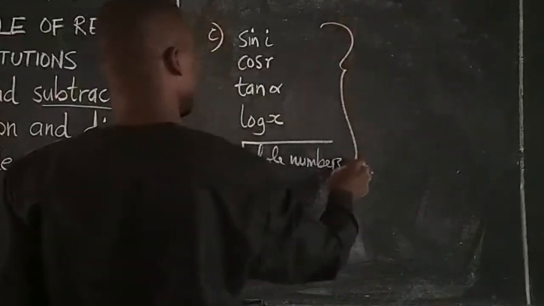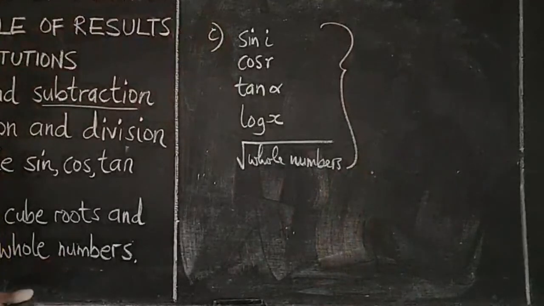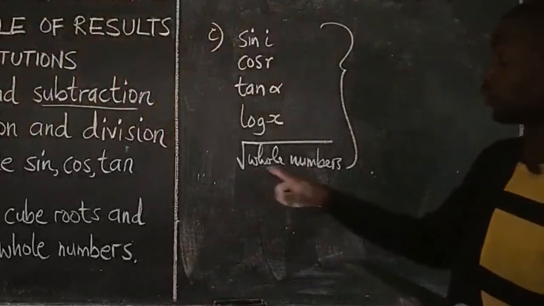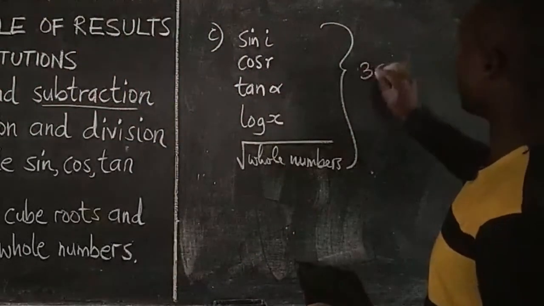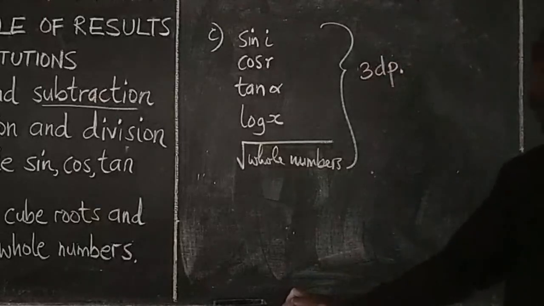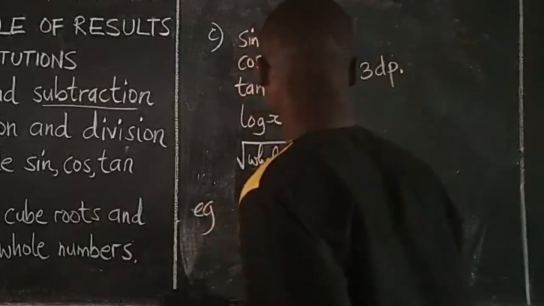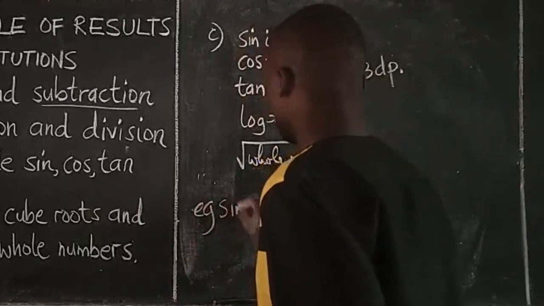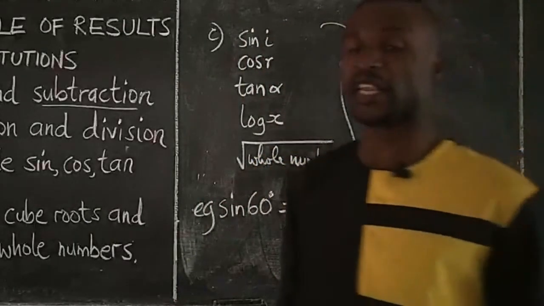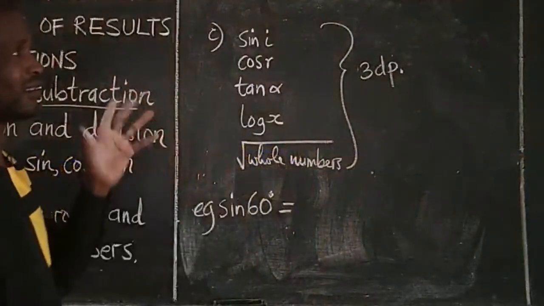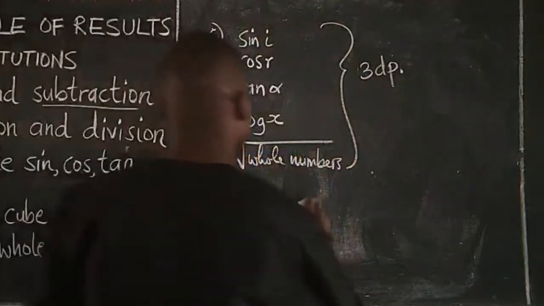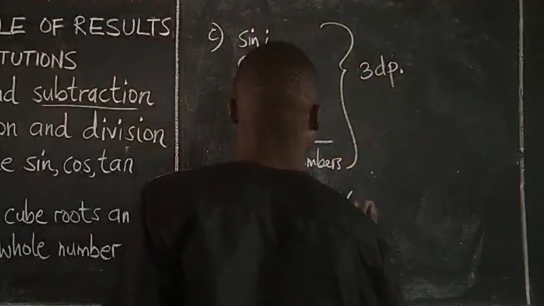Now all these ones, sine, cos, tan, log, square roots, and even other roots of whole numbers, you write them to 3 decimal places. An example is, if I ask you to get sine of 60, the calculator is going to give you something like 0.8660254. You write to 3 decimal places, so this has to be 0.866, full stop.